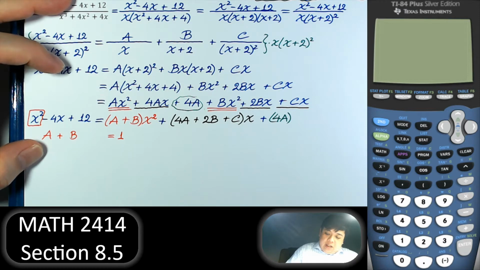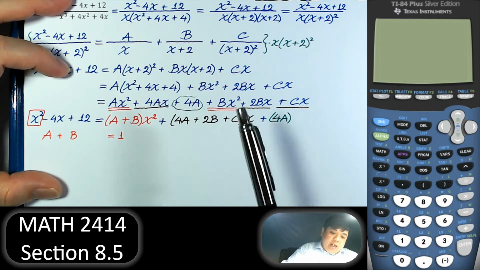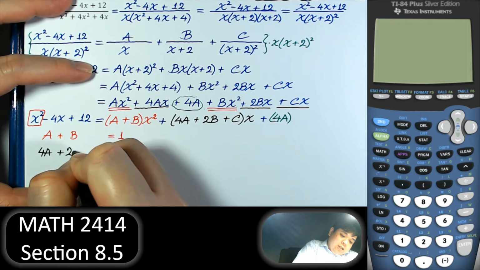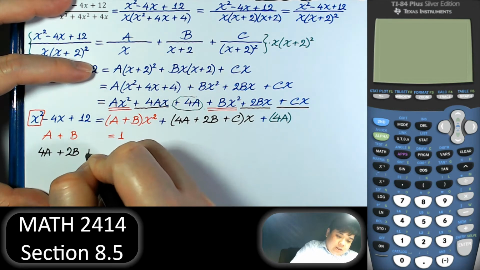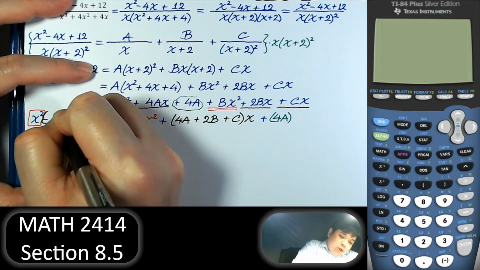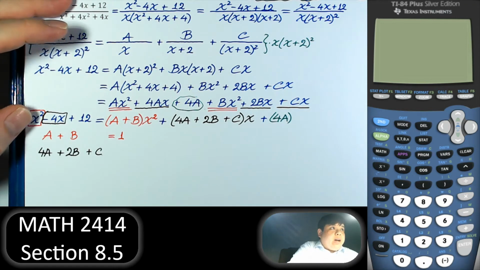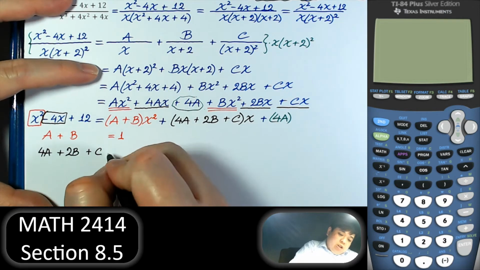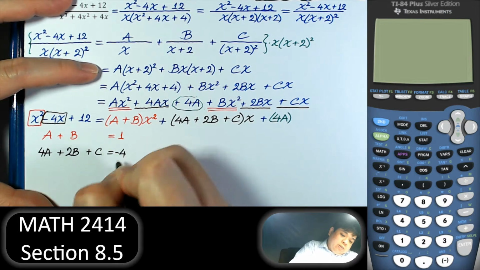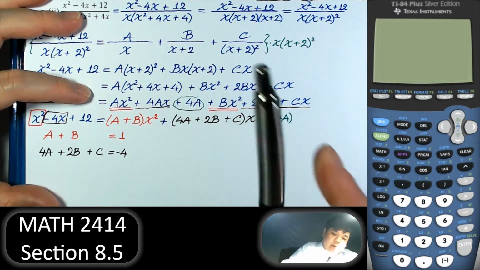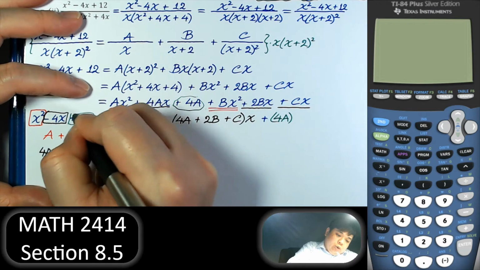Next, for 4A, 2B, and C, that is equal to the negative 4x, and in particular an x cancel out, this must be equal to negative 4. And then finally the 4A must be equal to 12.